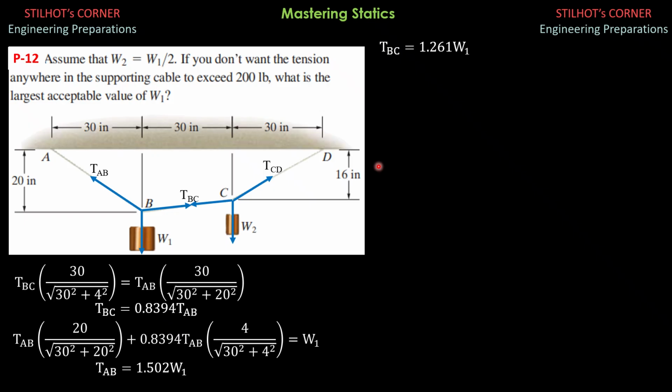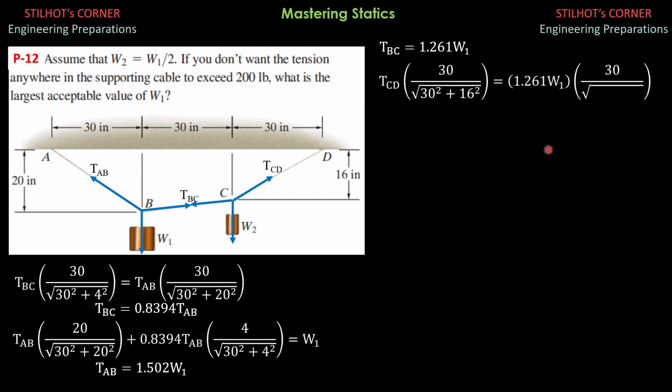So next is at C, summation of horizontal forces, tension CD times 30 over square root of 30 squared plus 16 squared equals tension BC, which is 1.261 W1, times 30 over square root of 30 squared plus 4 squared hypotenuse. So tension CD is equal to 1.4166 W1.